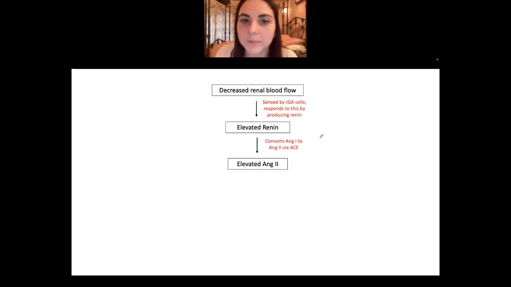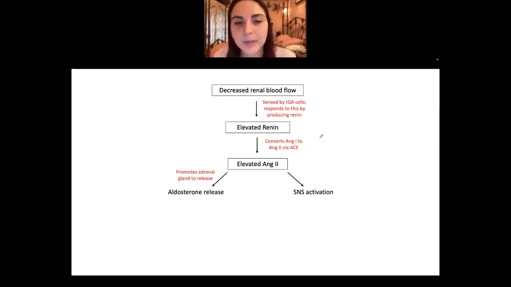So now we have elevated renin. Renin is going to convert angiotensin 1 to angiotensin 2 via angiotensin converting enzyme, or ACE. Now we have elevated angiotensin 2. Angiotensin 2 does two main things: it's going to promote the adrenal gland to release aldosterone, and it's going to trigger the sympathetic nervous system.